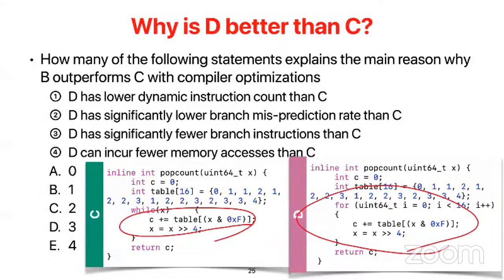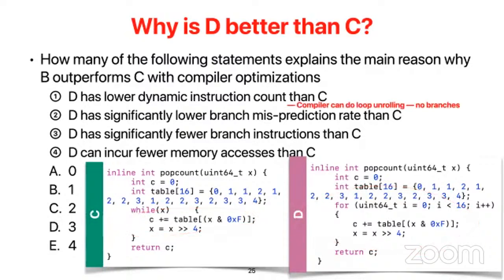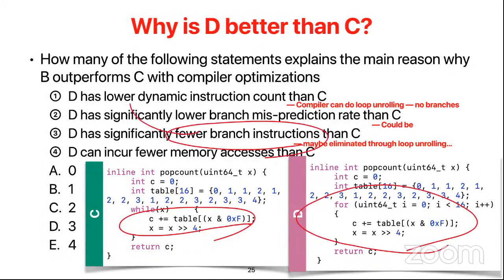So the dynamic instruction count on D is actually lower because we eliminate all the branches. And because there's no branch, the misprediction rate is 0. Significantly fewer branch instructions also give us a lower dynamic instruction count.